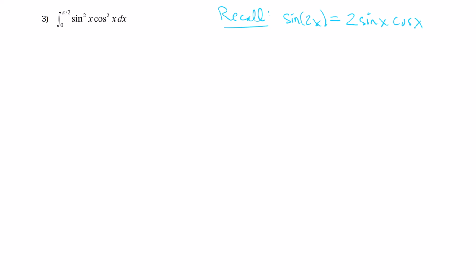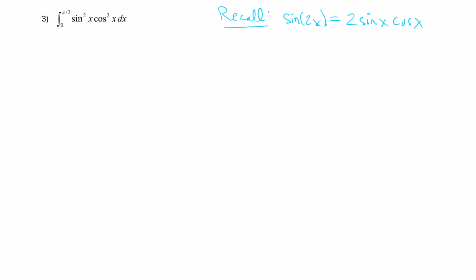But we recalled that identity above, and you have used it before just from trigonometry. Sine of 2x equals 2 sine x cosine x. That's a possibility to use here. Why? Because what we're looking at is not exactly 2 sine x cosine x, but it's not terribly far off. And with a little bit of algebraic manipulation, we could actually make it work. I'll explain that in a second.